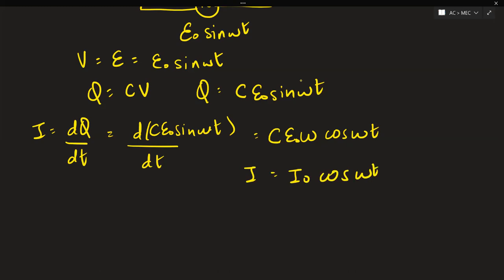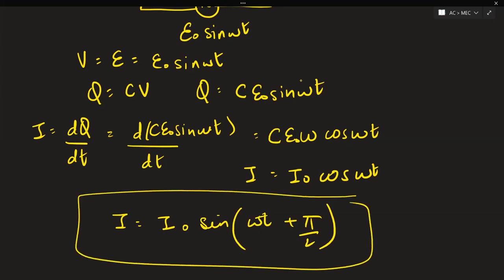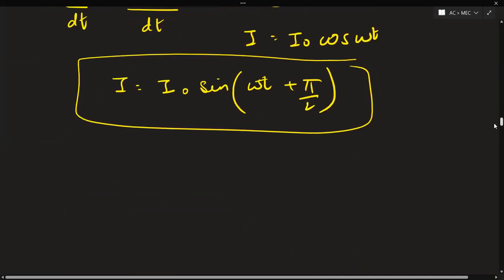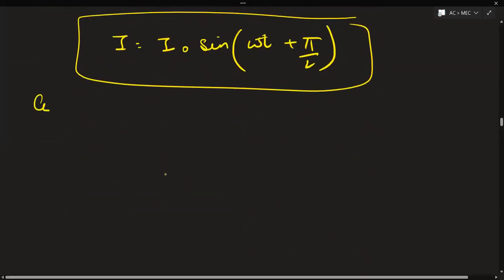If you want to convert it in terms of sine, you can add 90 degrees. This becomes sine omega t plus pi by 2. By looking at this, this is the equation of current, and E was equal to sine omega t. You can easily compare. Both are not in the same phase. This time, the additional angle is with current. This means current is leading this time by 90 degrees. So current leads EMF by 90 degrees.